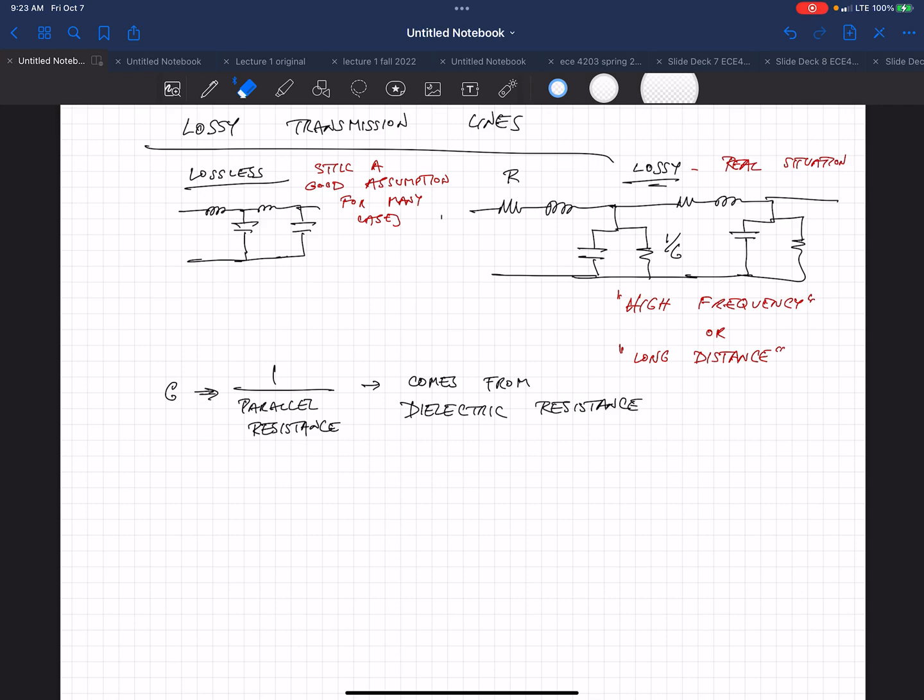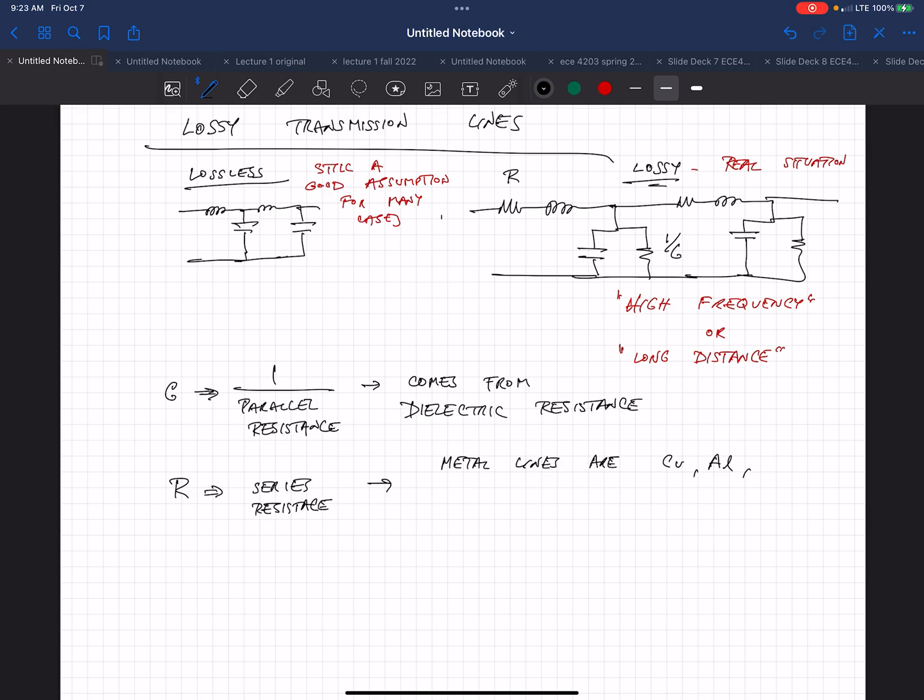The series resistance comes from the resistance of the material, whatever material it is. So that's the metal line resistance. So if your metal lines are made out of copper, aluminum, gold, whatever you want to call it, none of them is a superconductor.